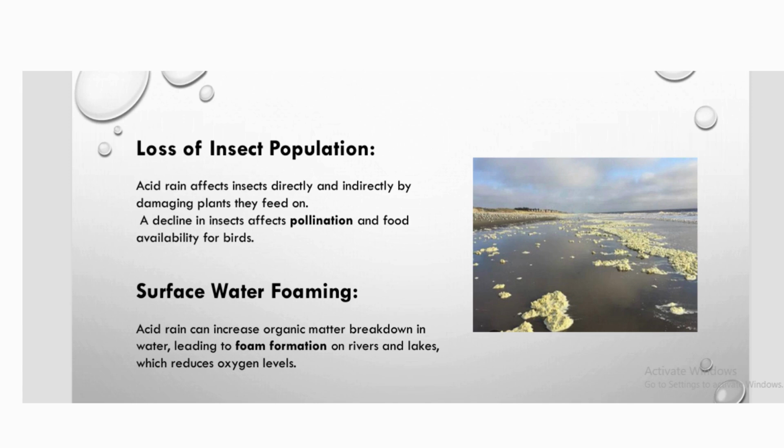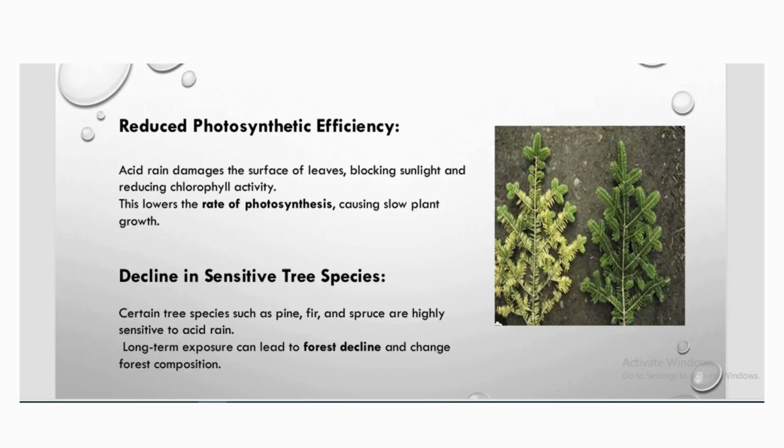There is also surface water foaming. Acid rain can increase organic matter breaking down in the water, leading to foam formation on rivers and lakes, which reduces oxygen levels. Now there is reduced photosynthetic efficiency.